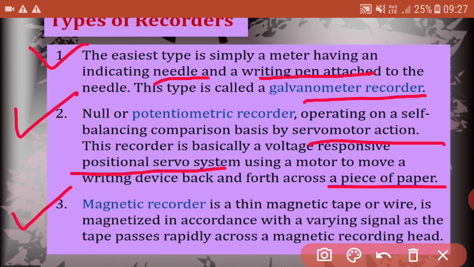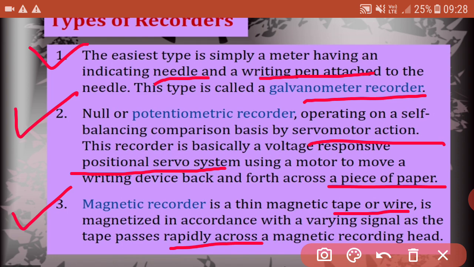Another recorder is the magnetic recorder. In a magnetic recorder, a thin magnetic tape or wire is magnetized in accordance with a varying signal as the tape passes rapidly across a magnetic recording head. So this is a magnetic recorder.